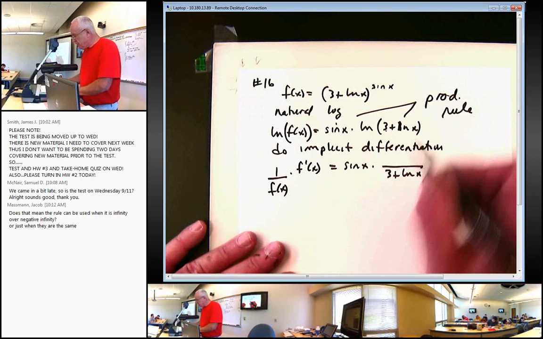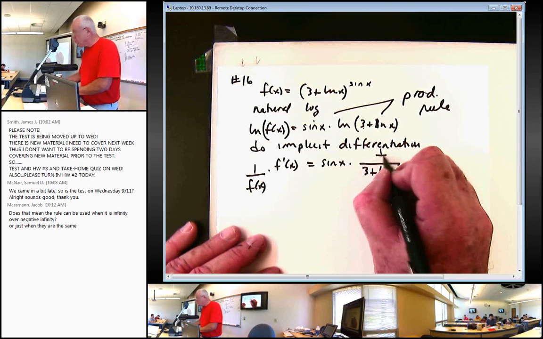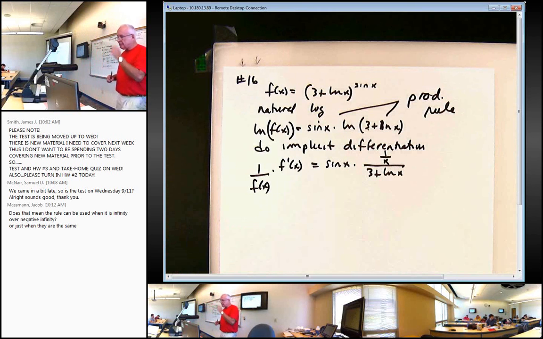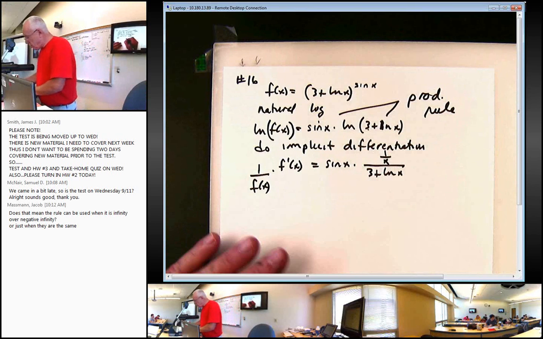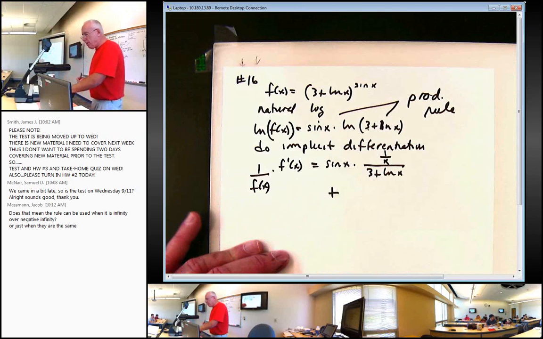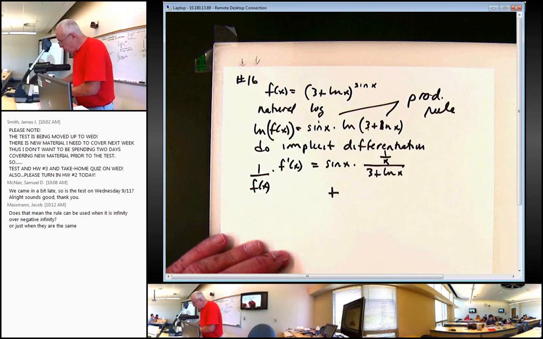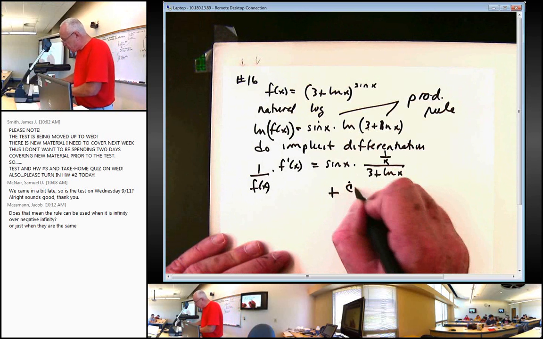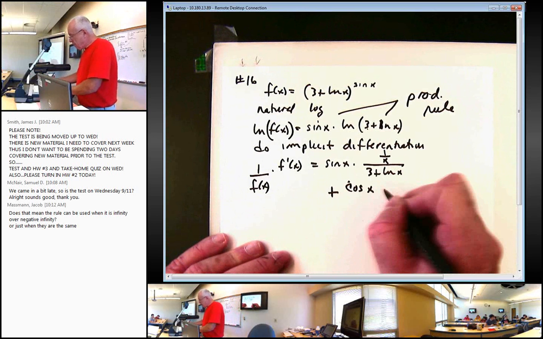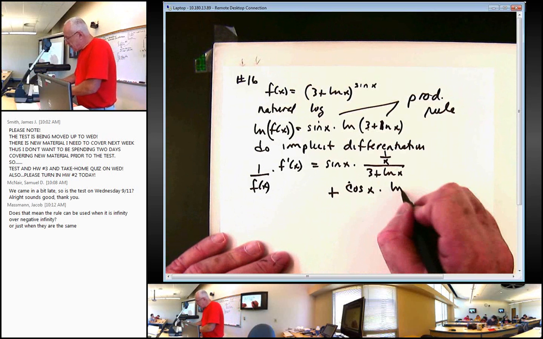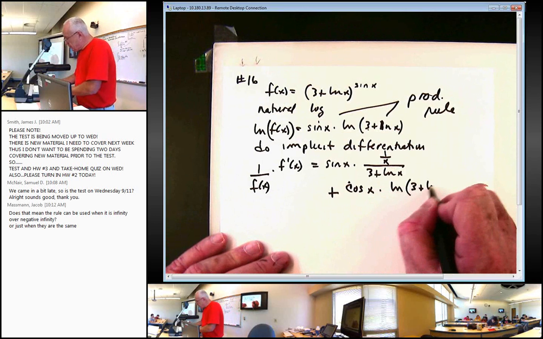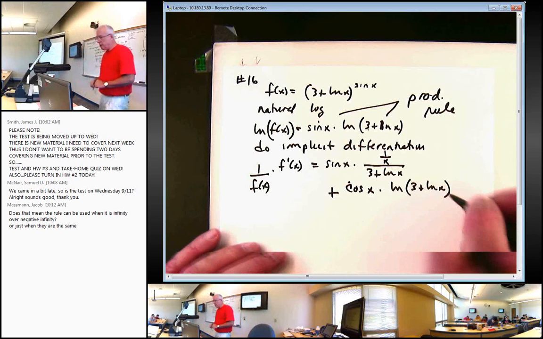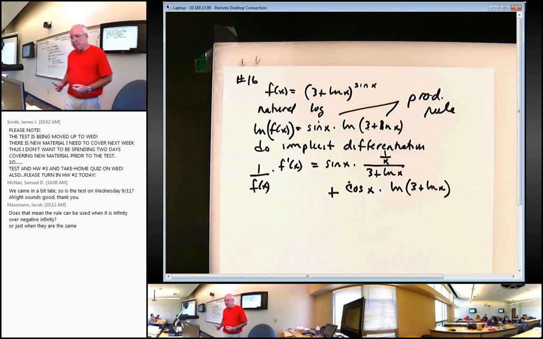The derivative of the natural log is 1 over x. Then let's do the second part of the product rule. We take the derivative of the sine function, which is the cosine of x, and we multiply that by the second function, 3 plus the natural log of x. All right. So we get that.